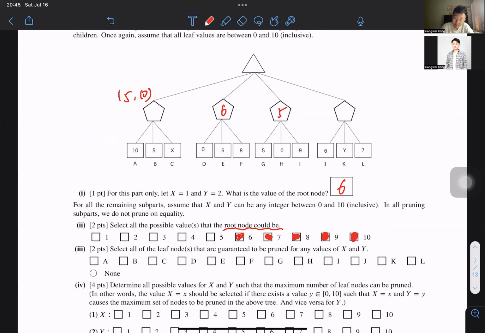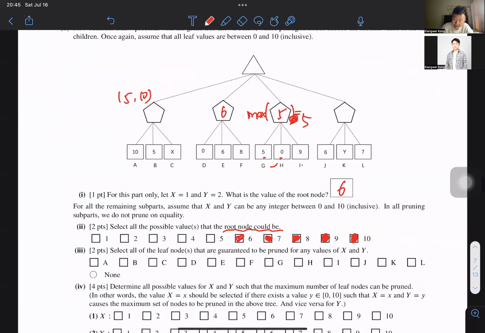For this node, we can see the first one is 5, the second one is 0. Then the maximum value for here will be 5. Why is it 5? If I is from 0 to 5, then this value will be I, which is from 0 to 5.